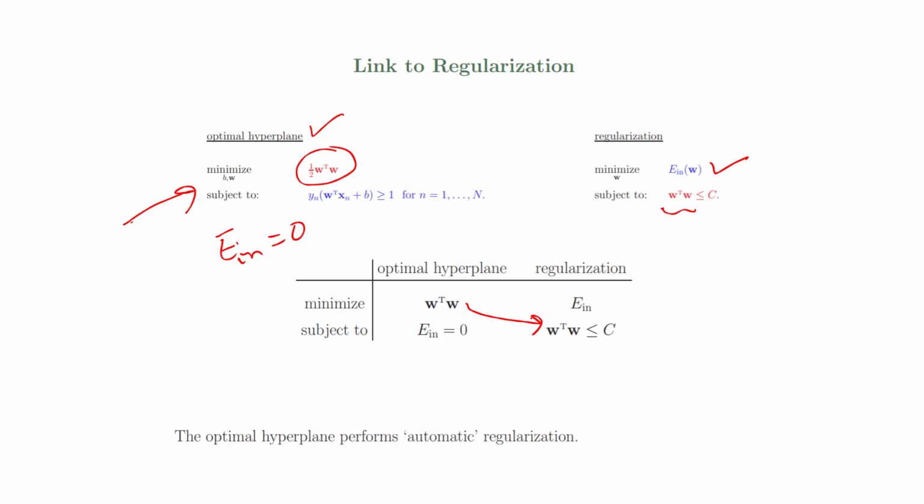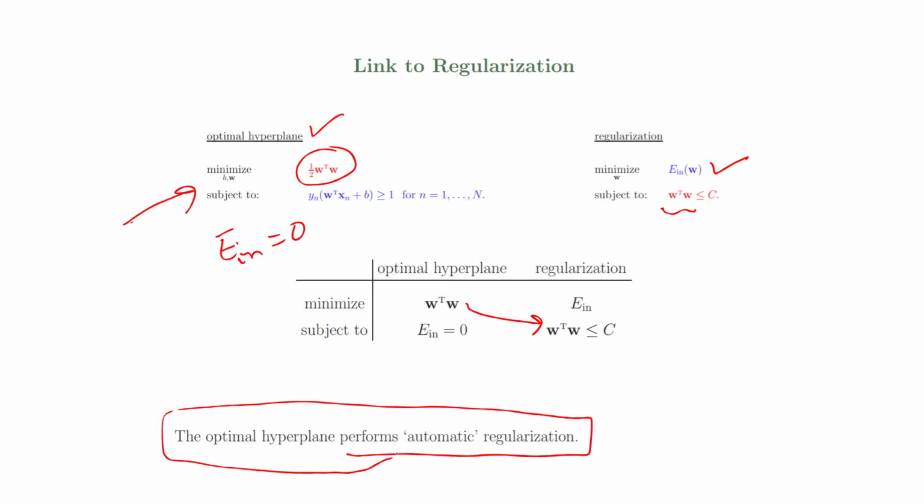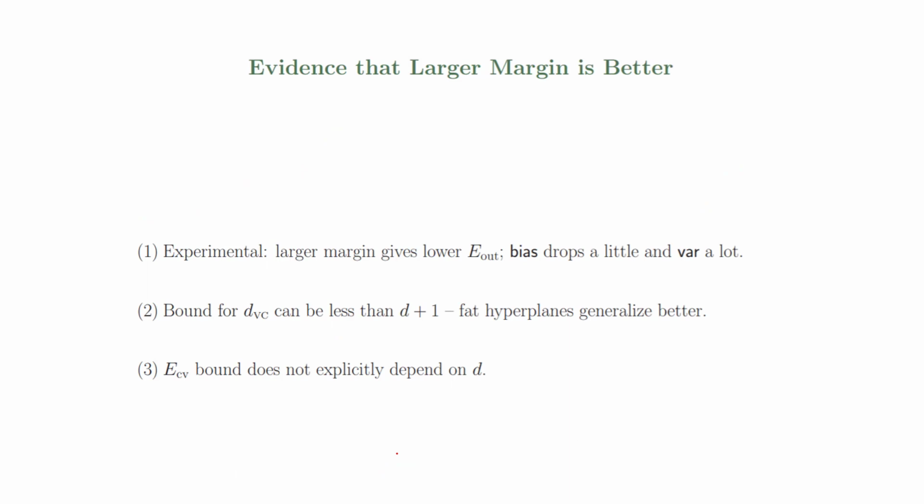As I said, the optimal hyperplane is in a way the simplest possible, and it is automatically doing the maximum possible regularization in some sense. So that's the direct link to regularization. All right, so now going back to the topic for today, which is that the larger margin, or the fattest hyperplane, is better, and how will we look at that?